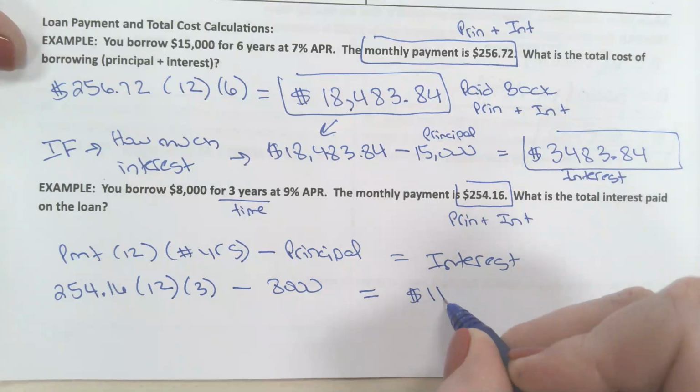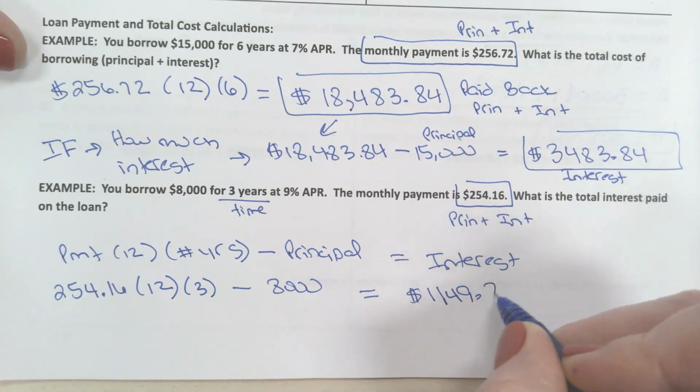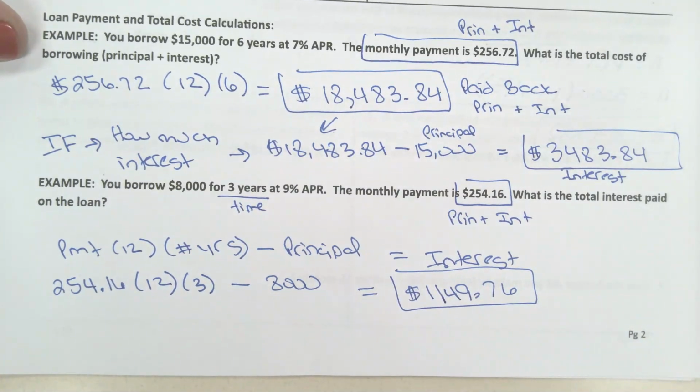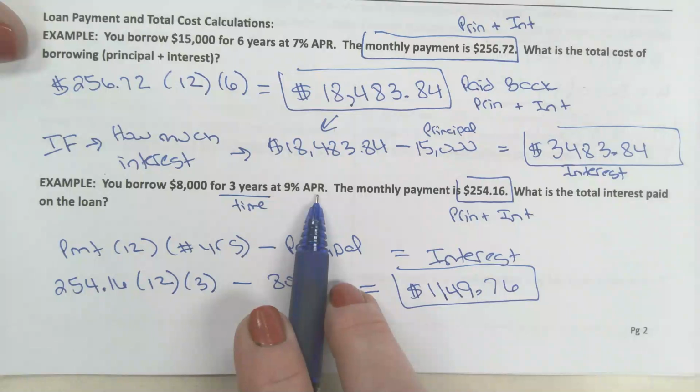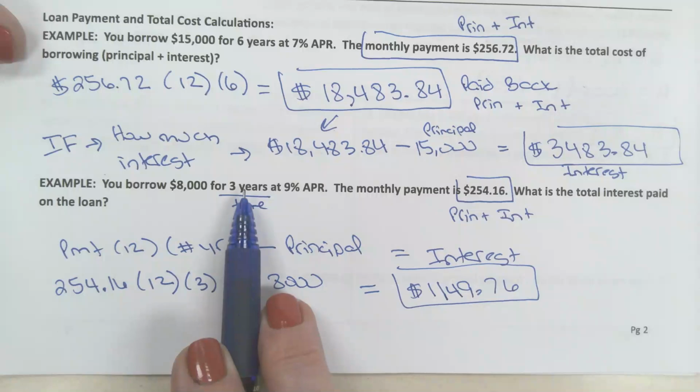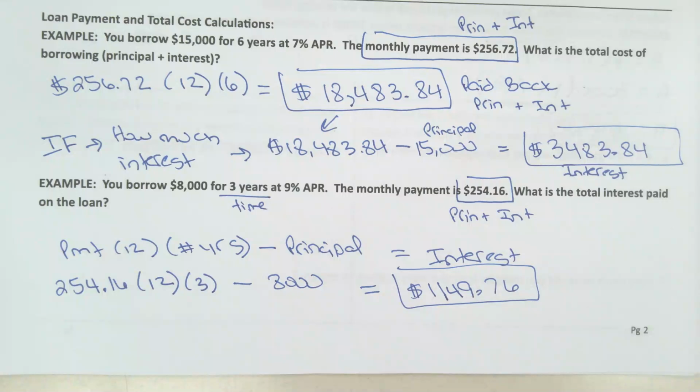I got $1,149.76. So the 9% is quite a bit, but you significantly reduced how much interest you paid because it's not a very long time frame. I'm going to hit the pause button and see what we're doing next.